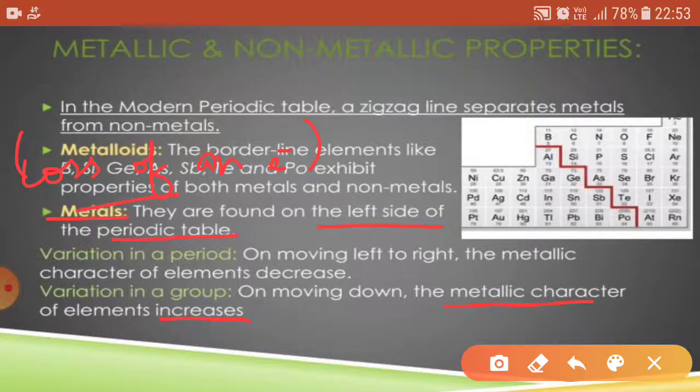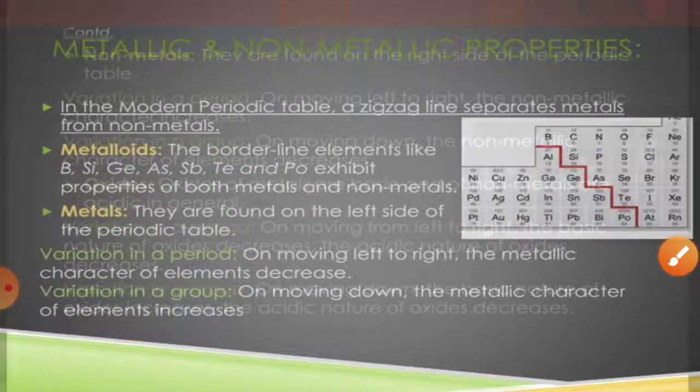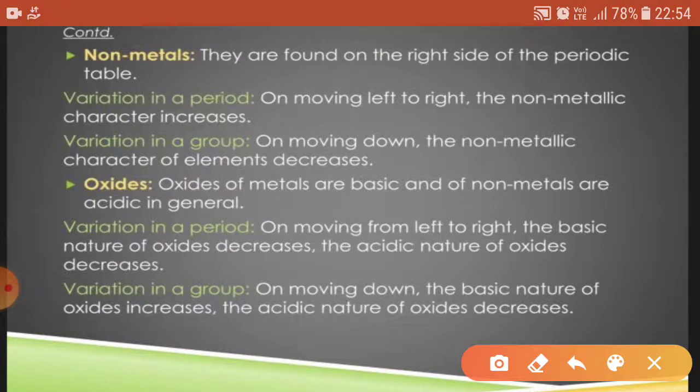It is quite difficult to lose an electron on moving from left to right, because protons increase and electron loss becomes quite difficult. That's why metallic character decreases along the period. And this metallic character is also proportional to the basic oxides. If metallic character increases, then basic oxides also increase. We will discuss this further.